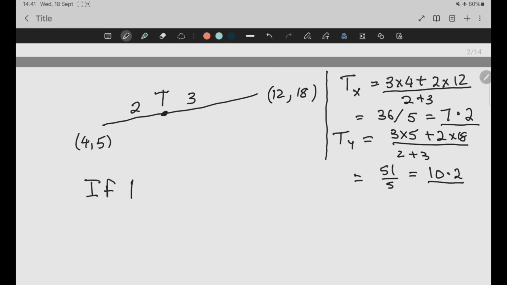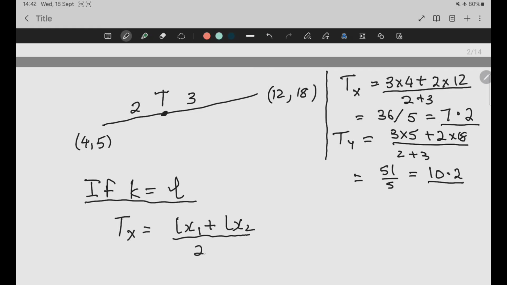If k equals l, in other words, we've divided the line into two equal parts, then tx will be lx1 plus lx2 over 2l, which will be x1 plus x2 divided by 2, and similarly for the y-coordinate ty, it'll be y1 plus y2 divided by 2.